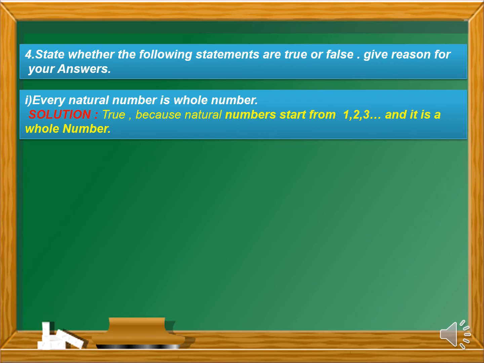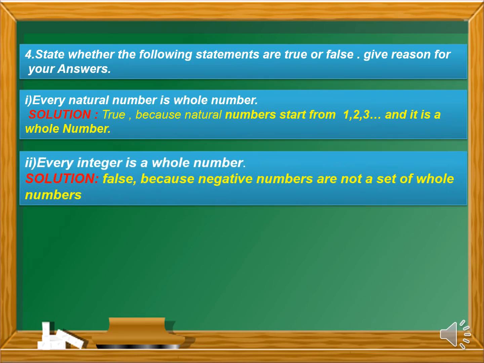Next subdivision. Every integer is a whole number. Integers are numbers that are positive, negative and 0, and positive, negative and 0 you know very well. And whole numbers are the numbers starting from 0, 1, 2, 3 and so on.